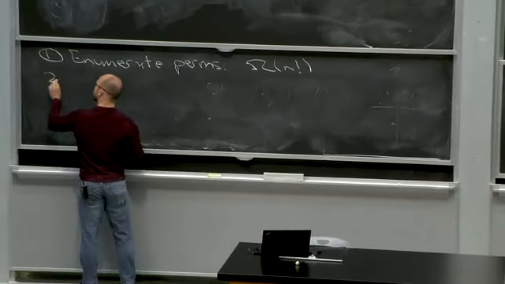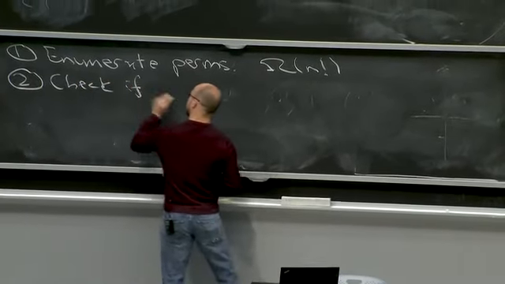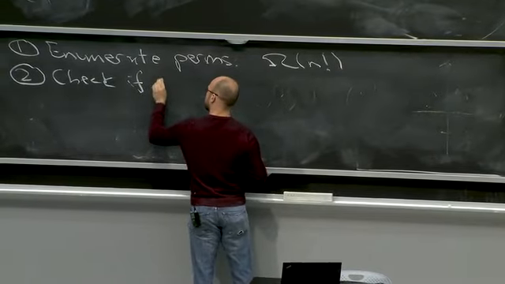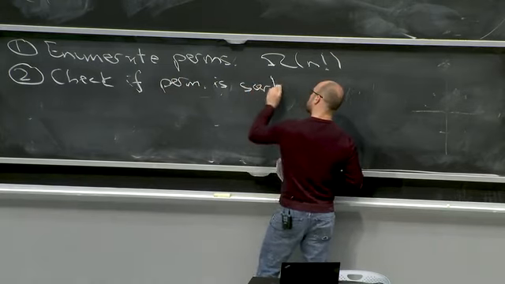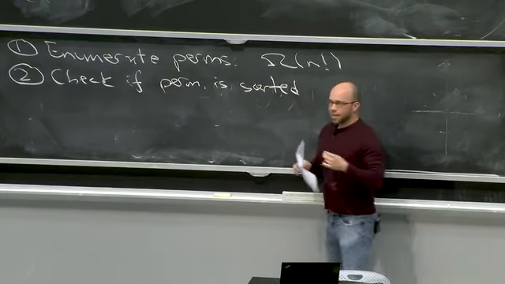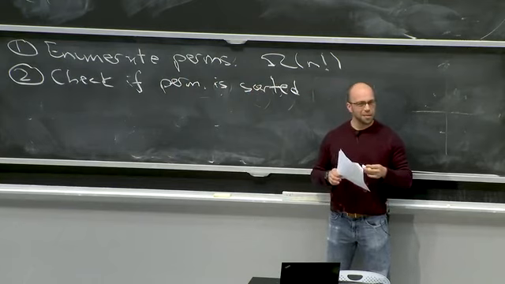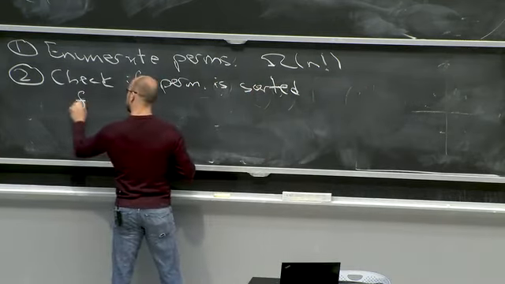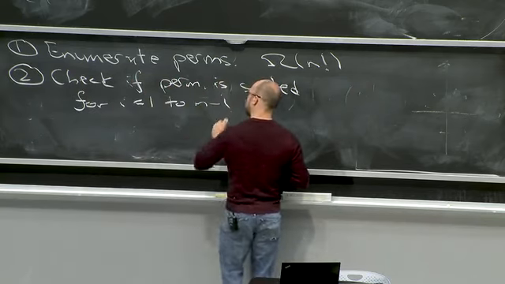And then secondarily, we've got to check if that particular permutation is sorted. How are we going to do that? Well, there's a very easy way to check if a list is sorted. I'm going to do, maybe, for i equals 1 to n minus 1.